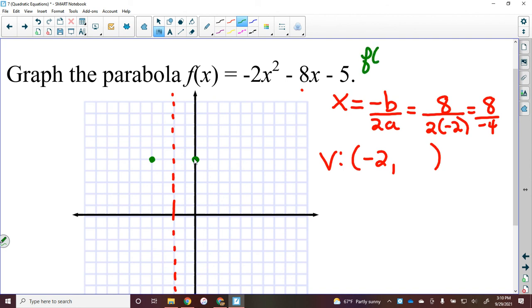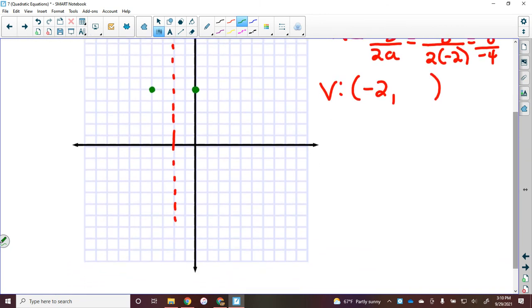Let's do an f of -2. Okay, what's -2 squared? Is the y-intercept supposed to be a -5? Oh, thank you. I did +5. It should be at -5. So the other one should also be. Yep, so I'll reflect it over here. Okay, let's just try that again.